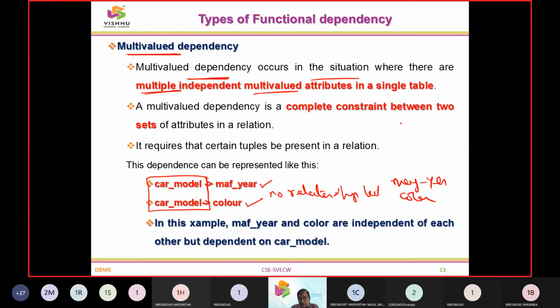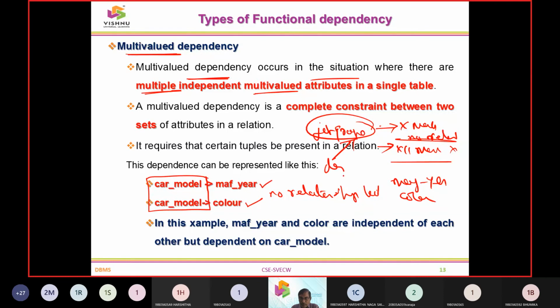So assume I have 10th class marks, then I have inter marks. These have no relation. But to get a job profile, I need both 10th and inter. Is 10th marks related to inter? No. But still both of them are needed for a job profile. So job profile is dependent on both independent attributes. That is the glimpse of multi-valued dependencies.